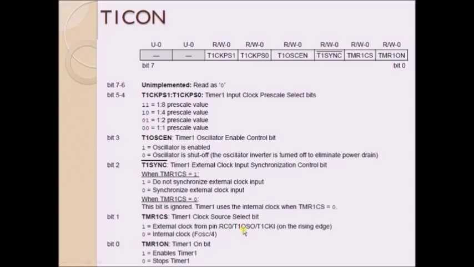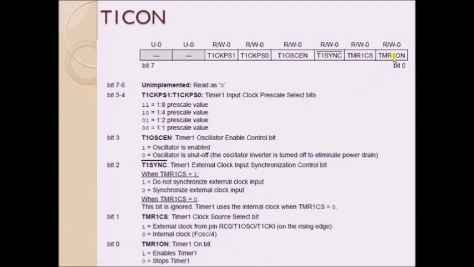It will receive from the separate crystal oscillator only when this oscillator bit is enabled. If this is disabled, then it will receive the clock from the T1 CKI. And if this bit is programmed to 0, then it will get the clock from the internal source that gets divided by 4, and now that frequency will be given as an input to this peripheral.